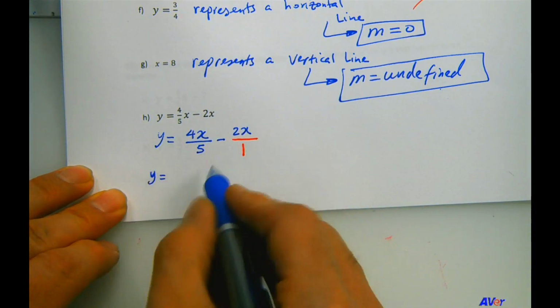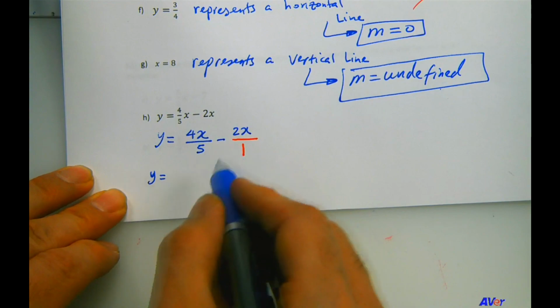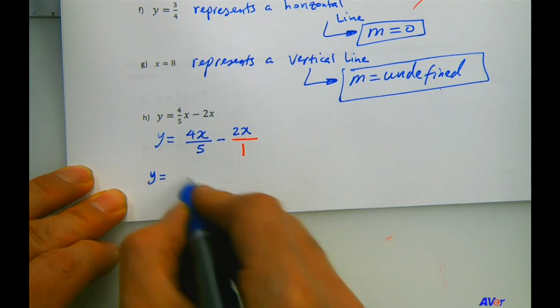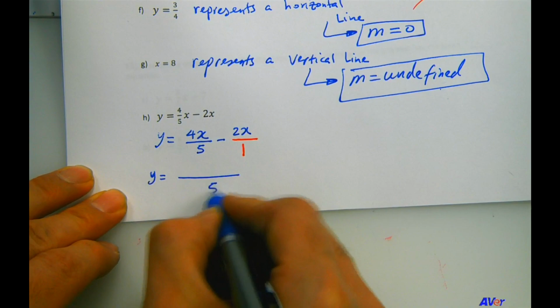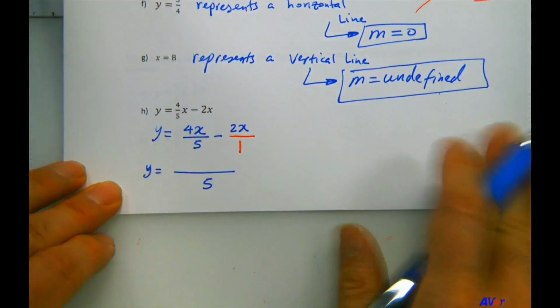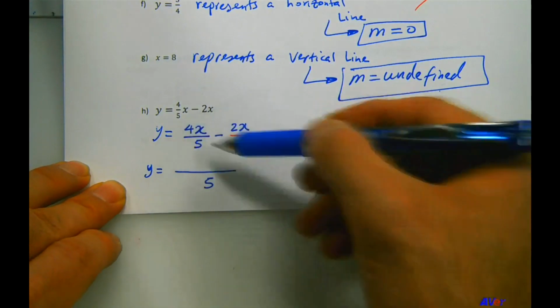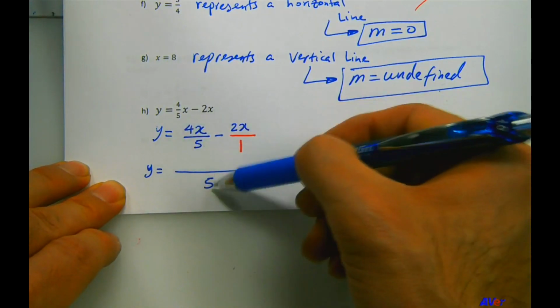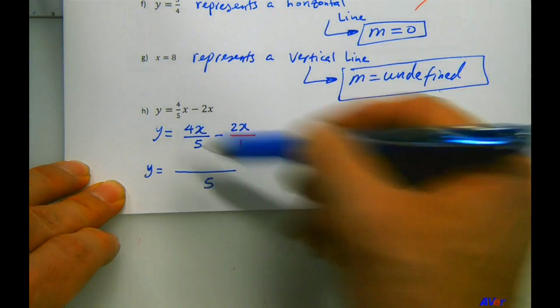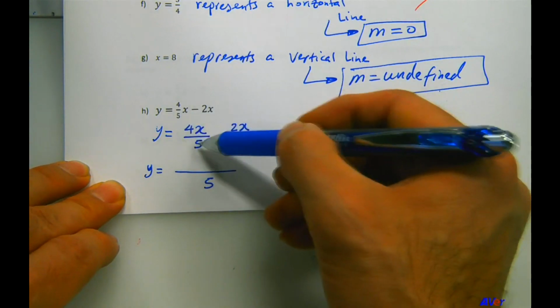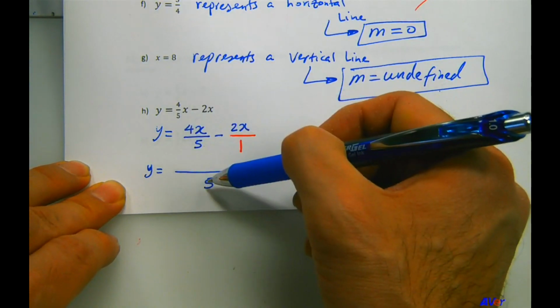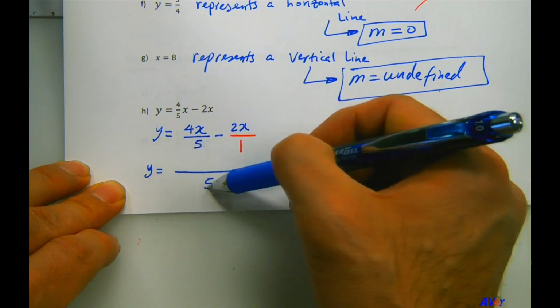The common denominator would be 5, right? The common denominator would be 5. So this first fraction already has a denominator equal to the common denominator, so we leave it alone. It's happy. It's got what it needs, right? A denominator that is equal to 5.